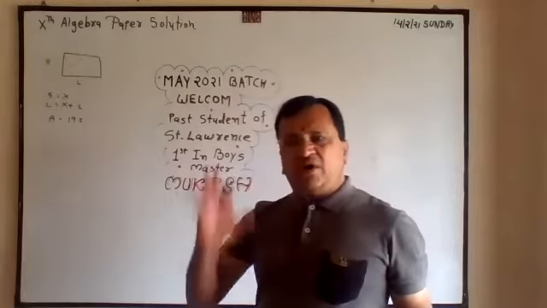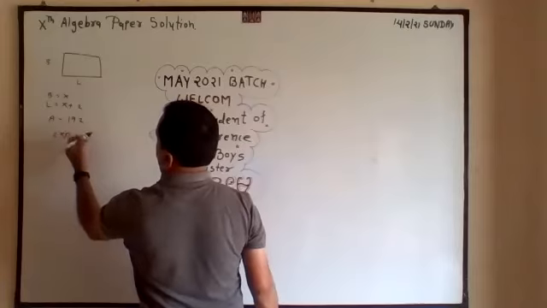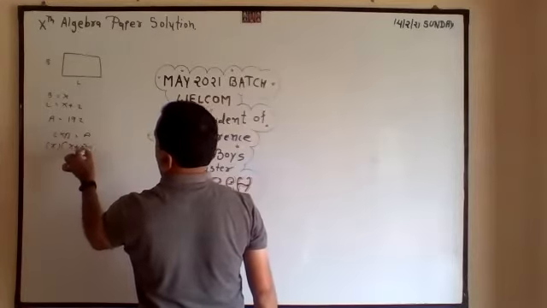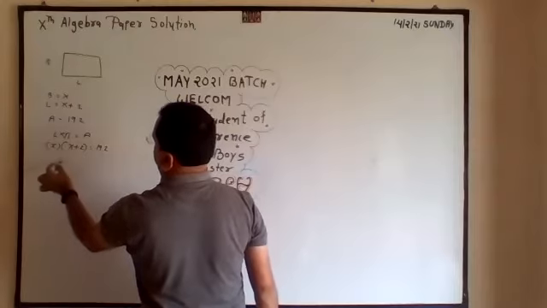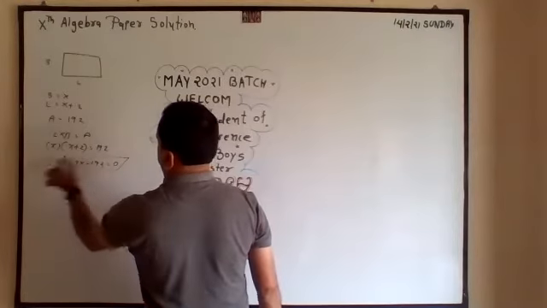We have to just form the equation. So length into breadth is equal to area. This is MCQ, and they have given some choices, but you have to calculate. So it is x square plus 2x minus 192. This is the equation.